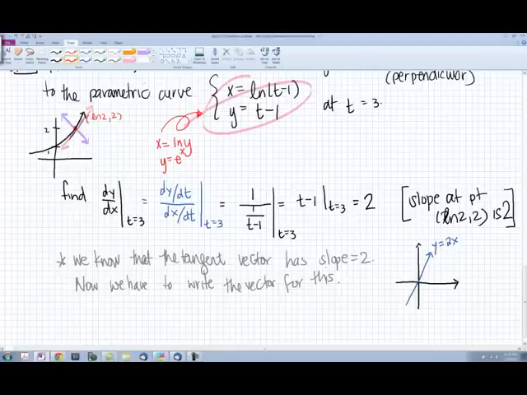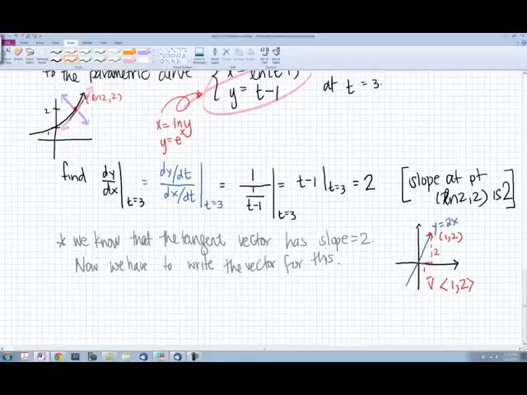What you need to do, the easiest thing to do, is pick any point on that line. The easiest one is going to be the point 1, 2. Up 2, over 1. The reason I'm going to do that is because I can write this out as a vector 1, 2. Then we need to turn it into a unit vector by dividing by its magnitude.